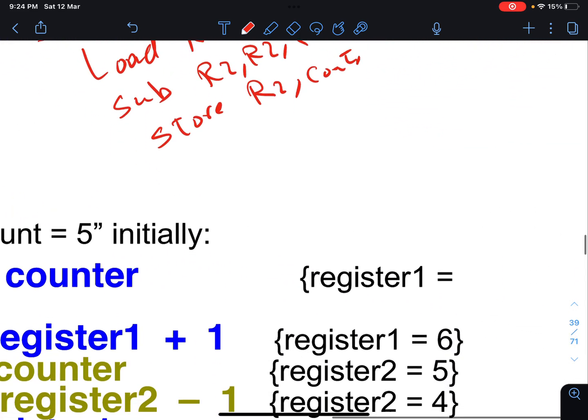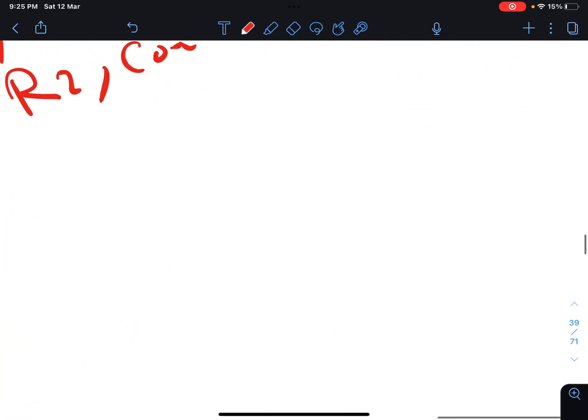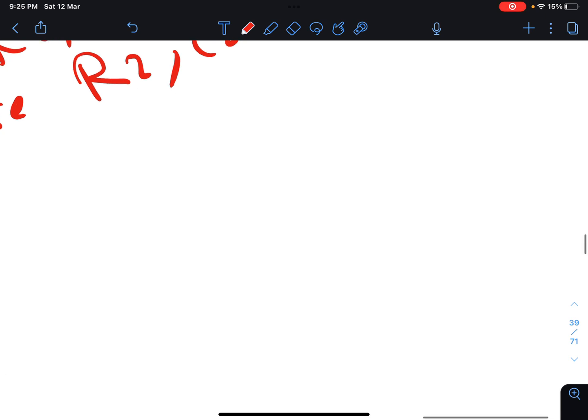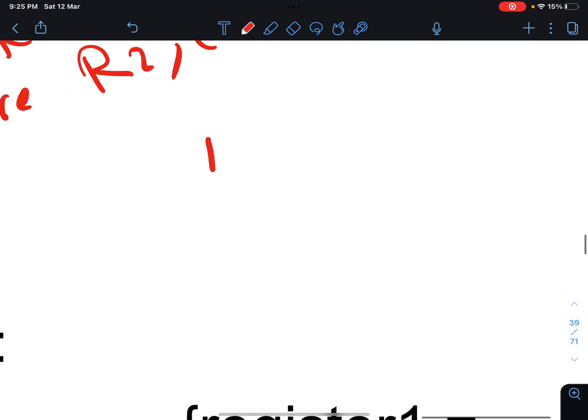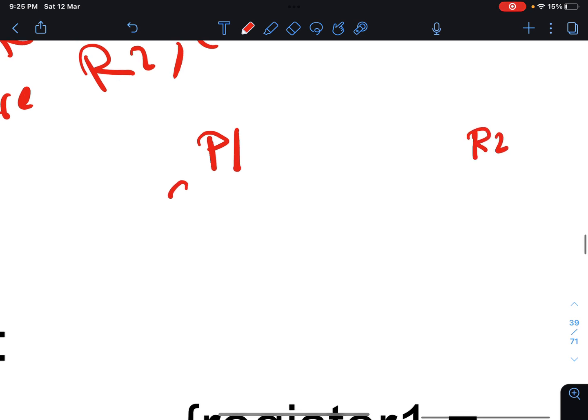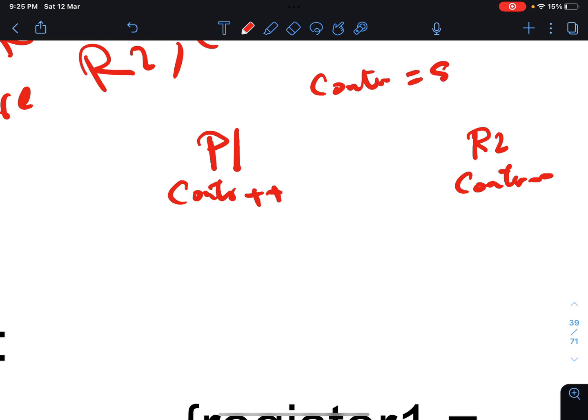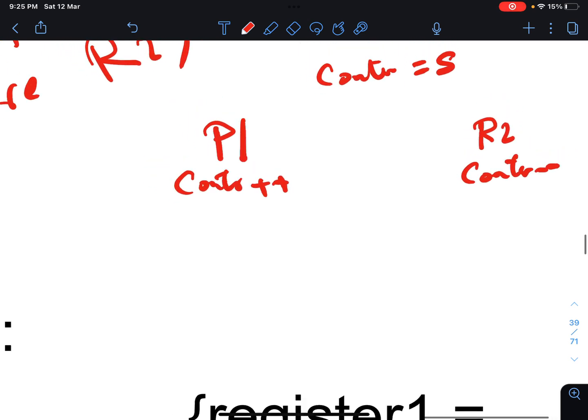The problem here is as follows. Look, here, let's say you have process 1 and process 2. Process 1 does counter plus plus, and process 2 counter minus minus. Counter initially equals 5. Okay? Look at that. For our bad luck, P1 and P2 are synchronized. So process 1 and process 2 are synchronized.